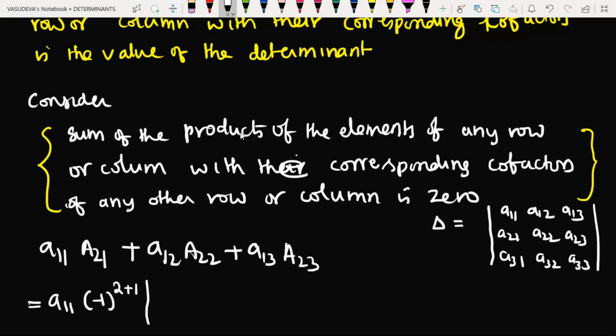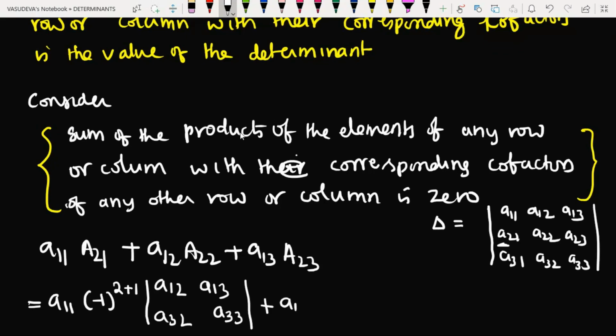The cofactor of the element A21 leaves out the second row and first column, so we have A12, A13, A32 and A33.